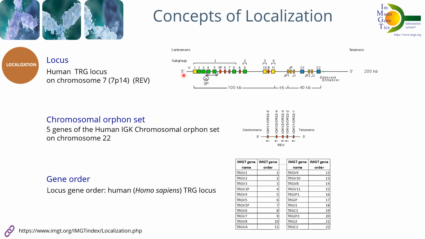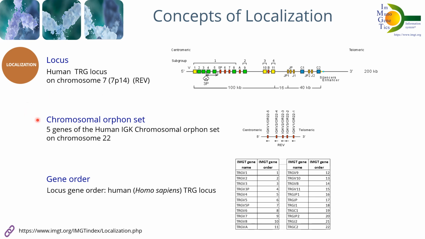A locus comprises genes from different groups that could be expressed in the same gene type. A locus is characterized by its length, its cytogenetic chromosomal localization, its orientation, and its gene content.